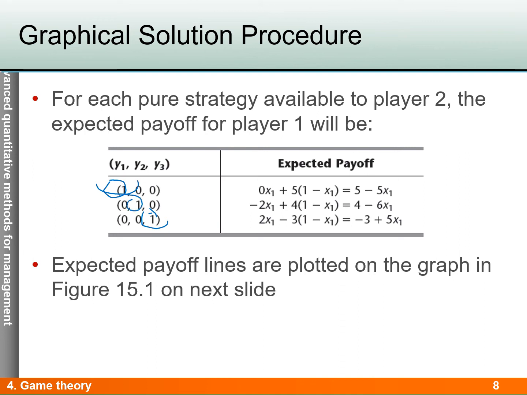As we see, there are 3 different lines to draw in our graph. So now the only item is to calculate and draw these 3 lines to find x1, and by finding x1 we find x2, that is 1 minus x1.